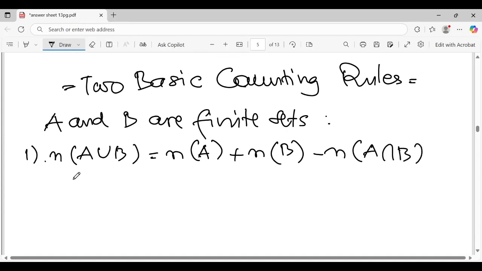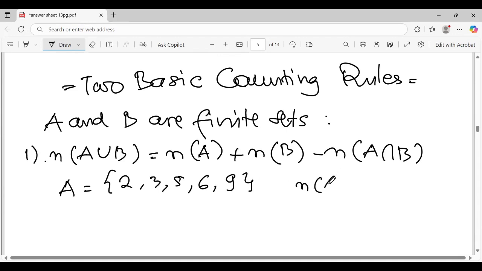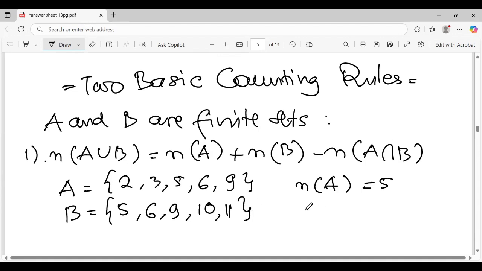For example, set A has elements 2, 3, 5, 6, and 9. So it means n of A equals 5. And set B has elements 5, 6, 9, 10, and 11, so n of B equals 5 as well.